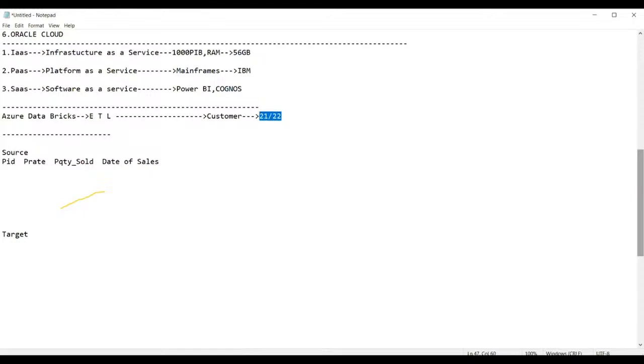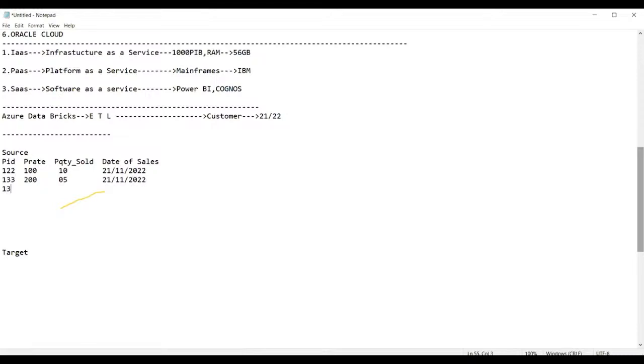So guys, to answer this query and report it to the customer, you require the source, consisting of the following information: product ID, product rate, product quantity sold, date of sales. Let us give the product rate as 100 rupees, the quantity sold is 10, and the date of sales is 21/11/2022. Then the next product, the rate is 200, the quantity sold is 05, and the date is 21/11/2022.